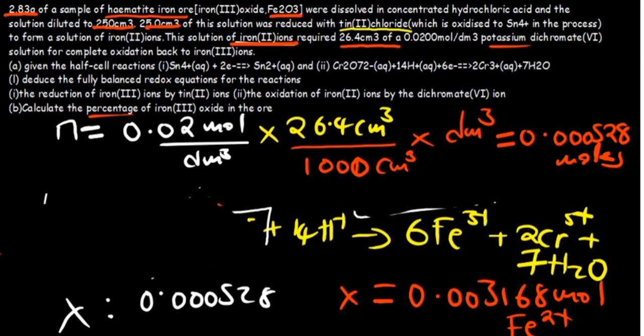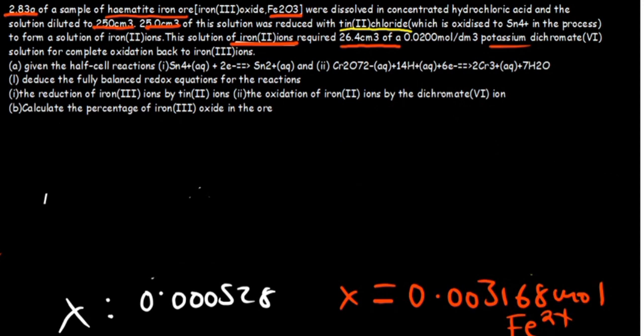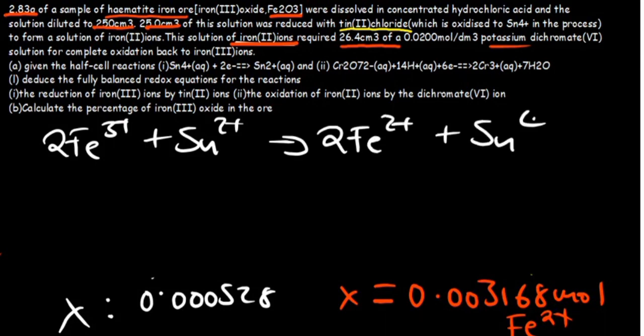Now that we've determined that, let's go back to the previous half reaction. The previous half reaction tells us that the iron 3 reacted, giving us the iron 2 which went into the second reaction. The iron 2 which was reacting in the second reaction is this much.